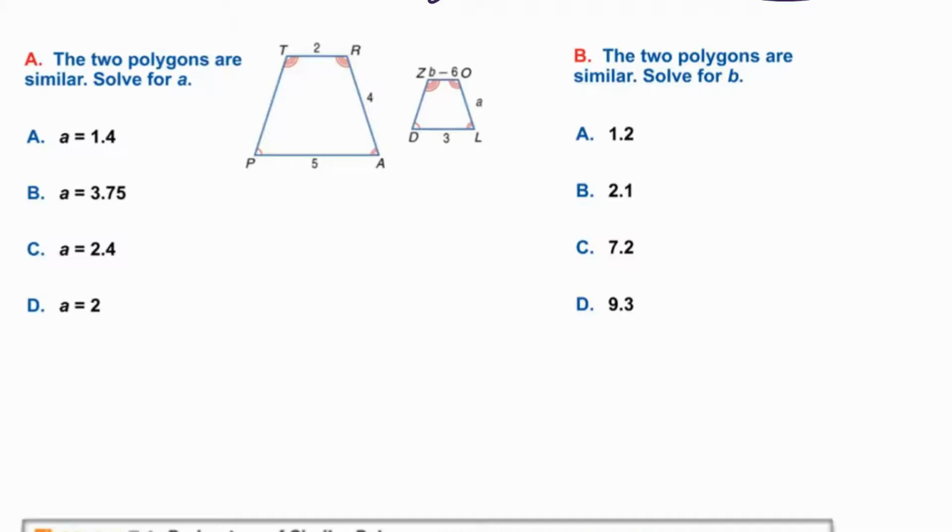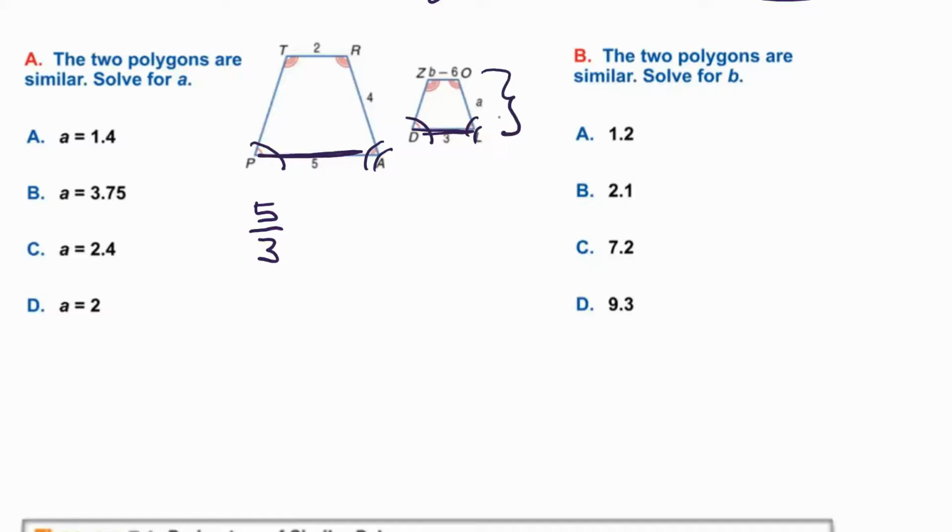In the next problem, we're told again that the polygons are similar, and we want to solve for A. Let's set up our scale factor first. We know that PA corresponds with DL, because this angle is congruent to this, and this one's congruent to this. So our scale factor is 5 over 3.